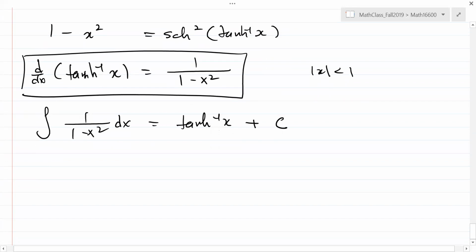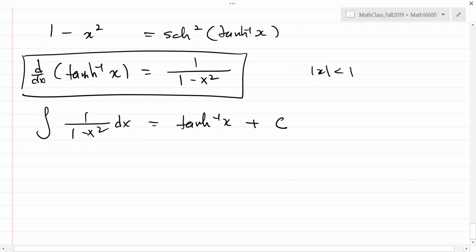I haven't given you a formula for the inverse function of hyperbolic tangent x yet, right? I'm pretty sure this can also be expressed in terms of a natural log. We remember the formula for the inverse of hyperbolic sine x, right?